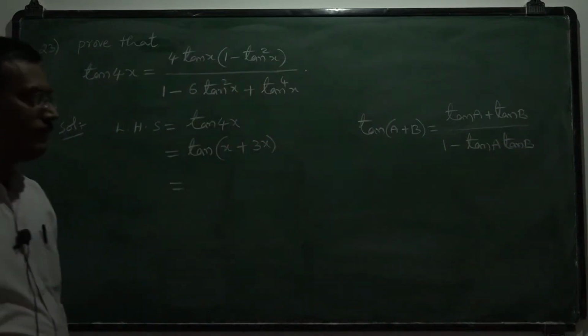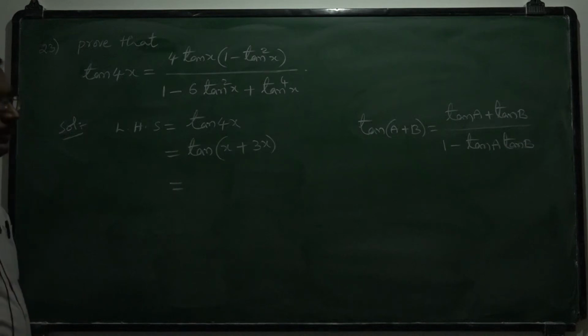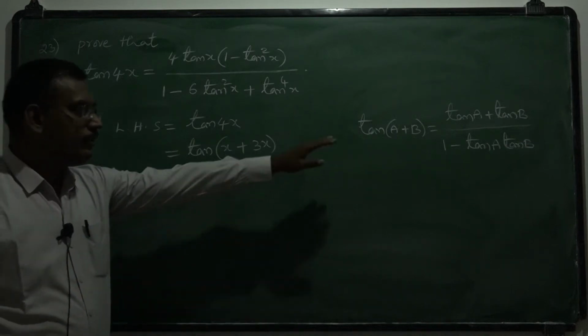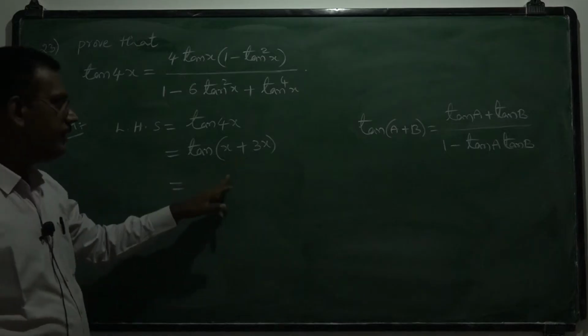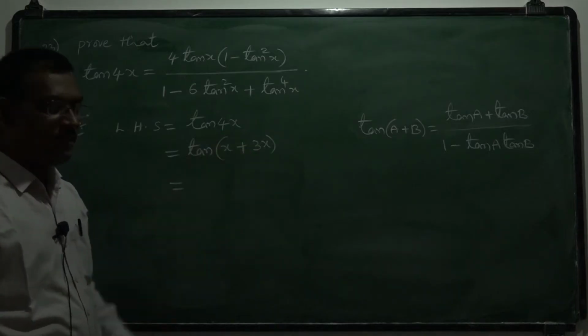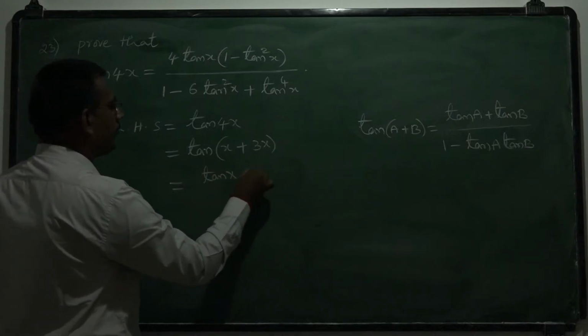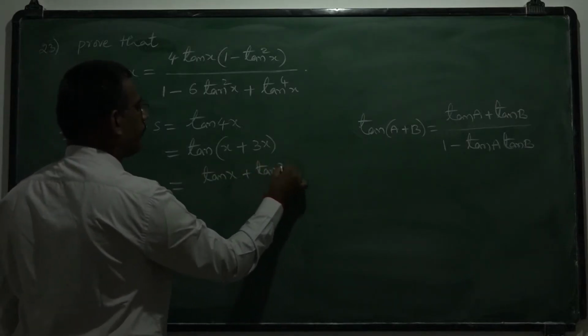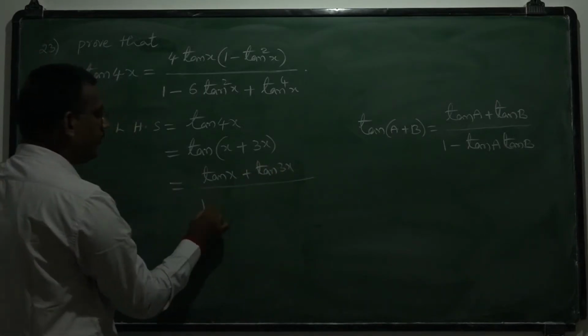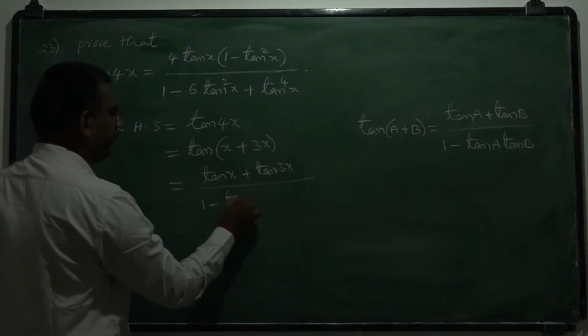Tan of a plus b is equal to tan a plus tan b by 1 minus tan a tan b. So apply the formula here. Here a is x and b is 3x. So tan a plus tan b, b is 3x, by 1 minus tan a tan b.